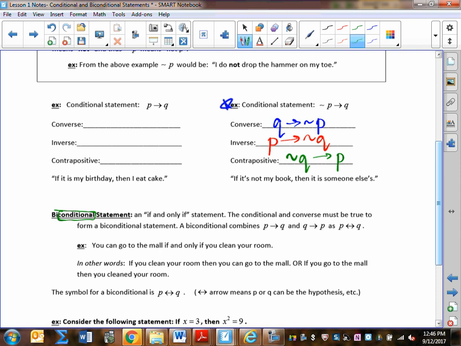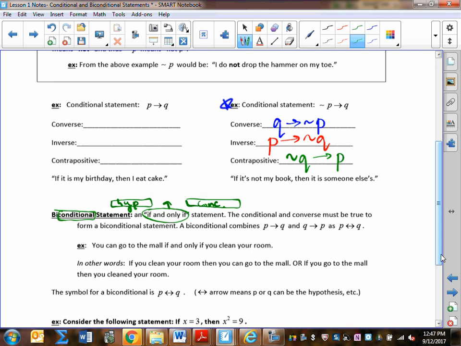Your biconditional has a statement, then the words if and only if, then another statement. It's kind of like having your hypothesis, if and only if, conclusion. Except, since it works both ways, you could have your hypothesis and conclusion in either place, because they are both the conclusion of the other, the hypothesis of the other. So it's true both ways.